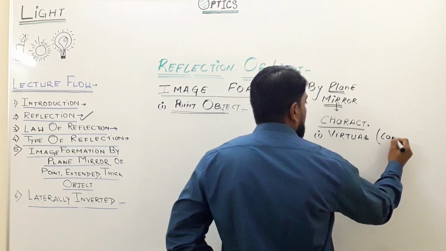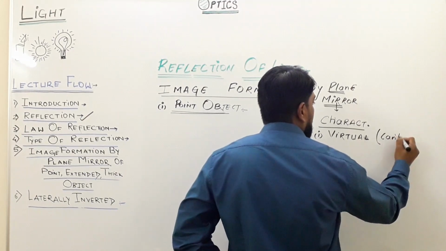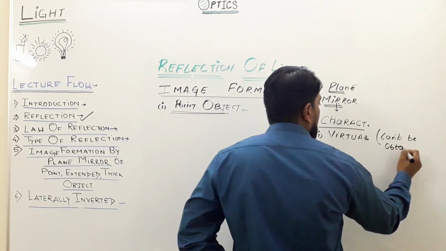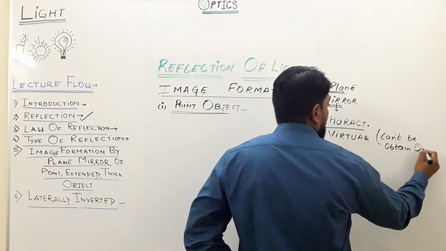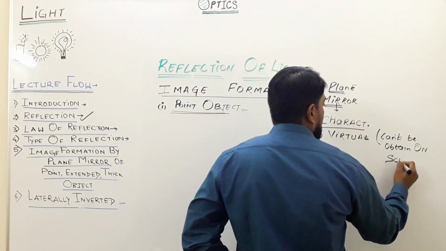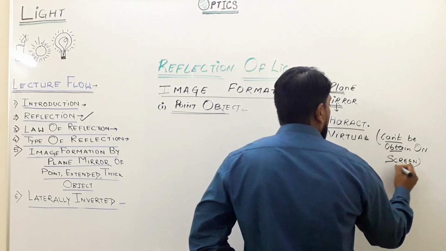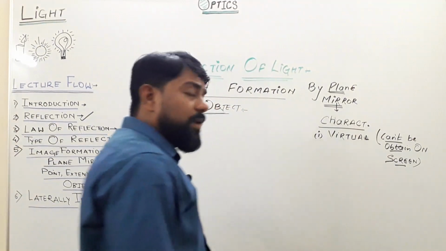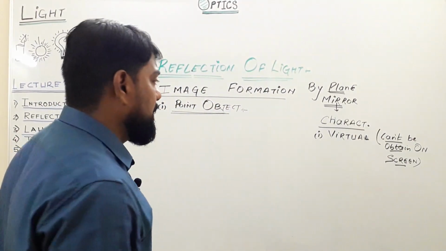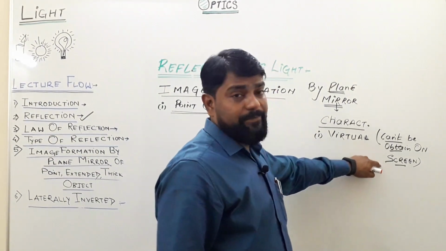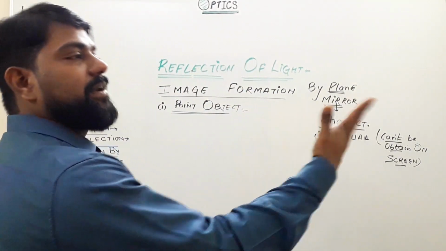So it can't be obtained on a screen. We have two different types of image: one is real image and one is virtual image. Virtual image means an image which cannot be obtained on a screen, like when we see ourselves in a mirror.